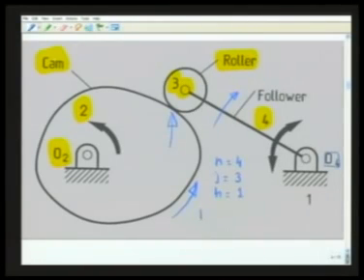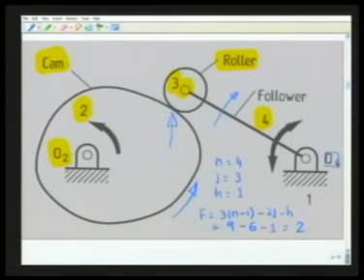So if we calculate the degree of freedom F, which is 3 times (n minus 1) minus 2j minus h, which is 3 into 3, 9, minus 2 into j, 6, minus h, that is 1, which gives 2.